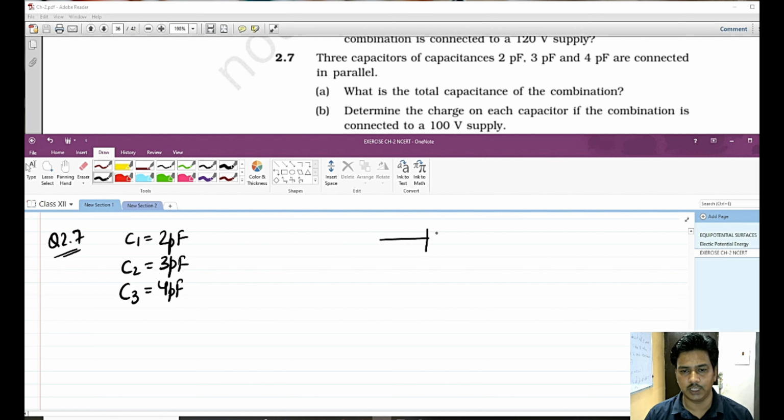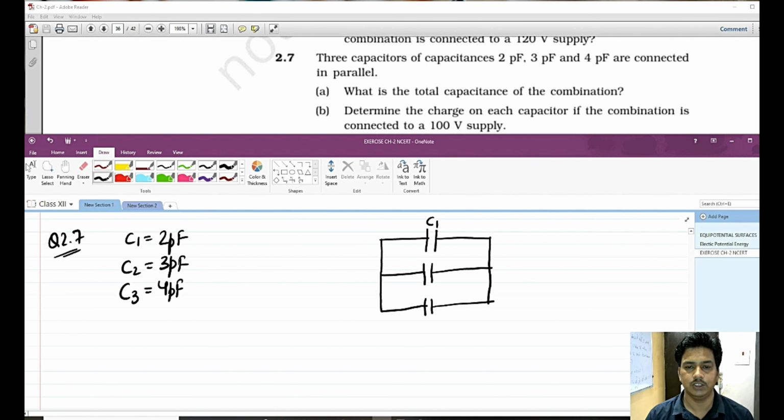So this is the first capacitor, the second one and the third one.